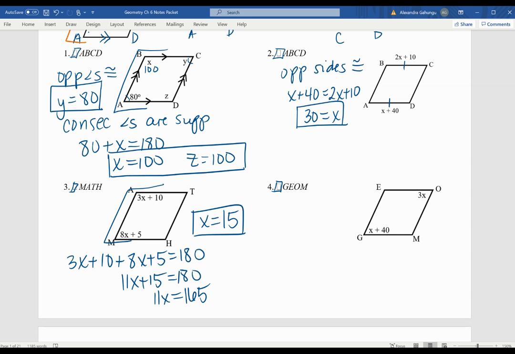Then for 4, these are not consecutive. They are opposite angles. And opposite angles in a parallelogram are congruent. So 3x is equal to x plus 40. Subtract x from both sides, and we get 2x is equal to 40, and x is 20.